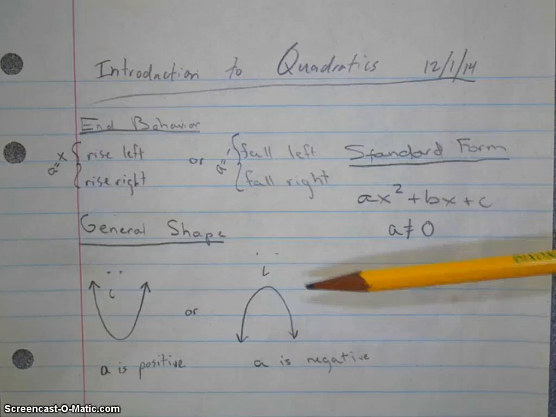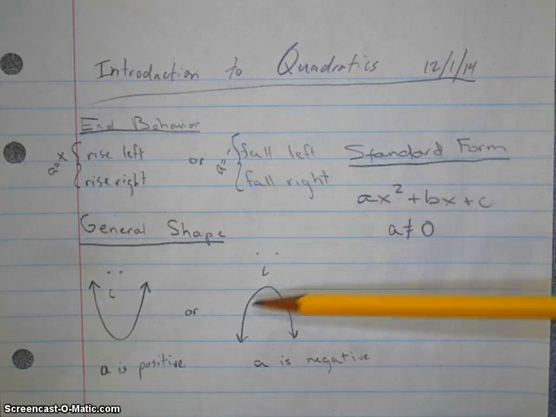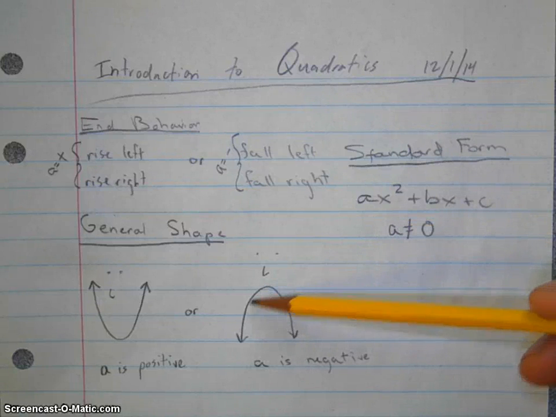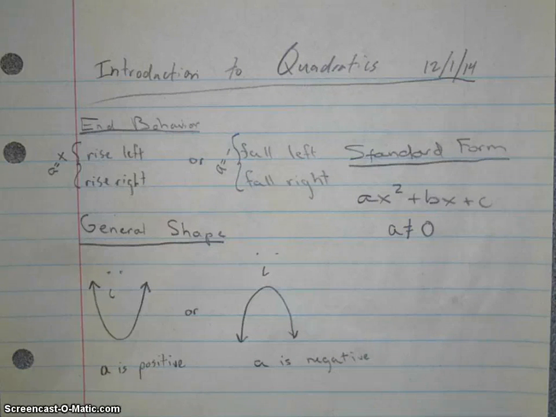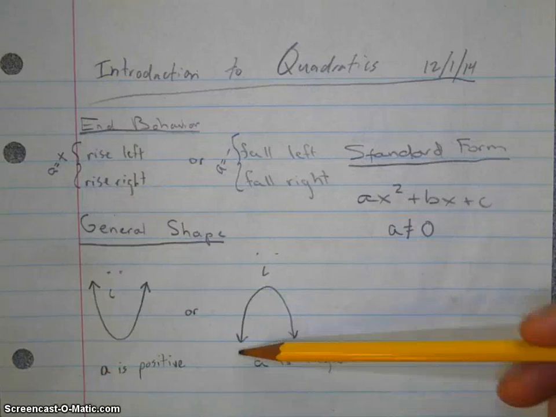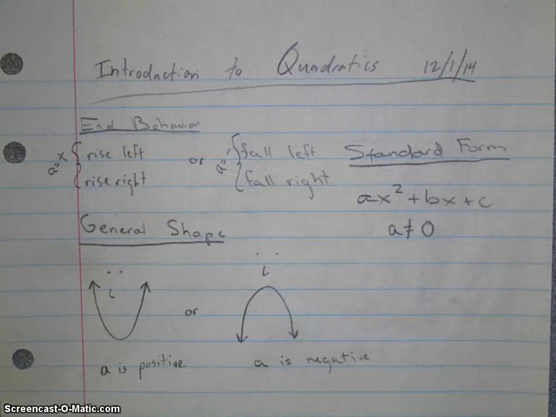If you were asked to sketch the quadratic when a is negative, you would draw the parabola falling left and falling right, as you see it here. When a is positive, it's going up. When a is negative, it goes down.